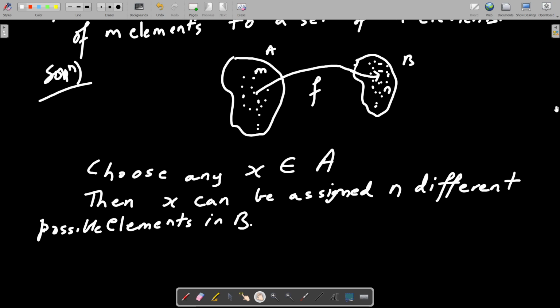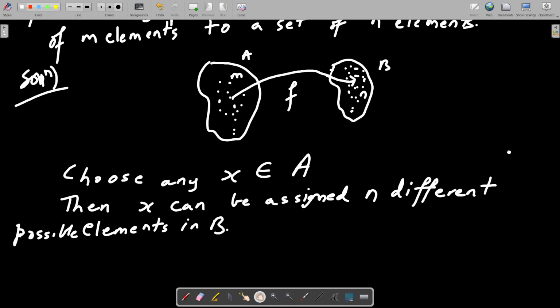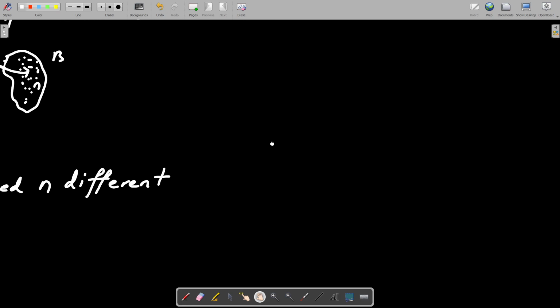By definition of a function, it can be assigned to n different choices in B. So each element has n different choices in B. What will be the total number of possibilities?